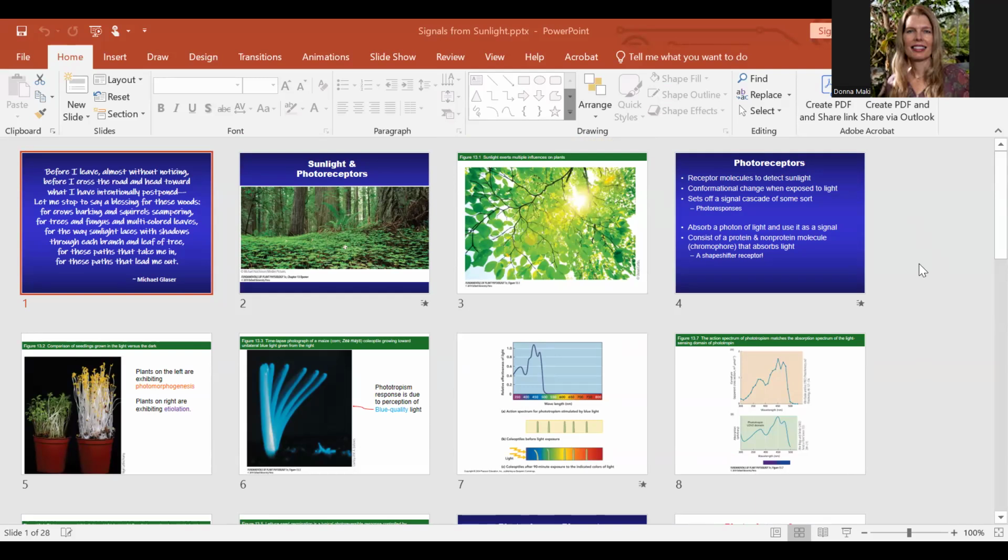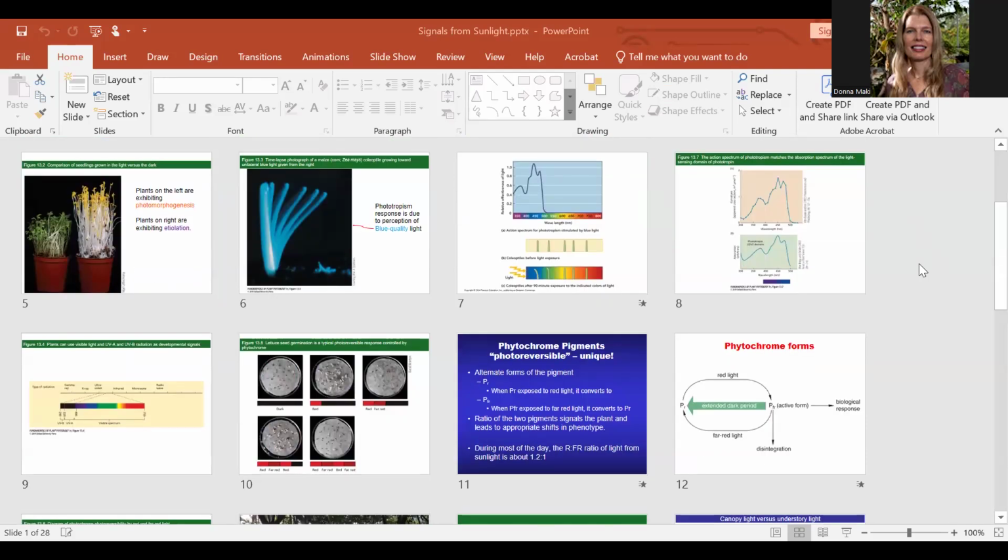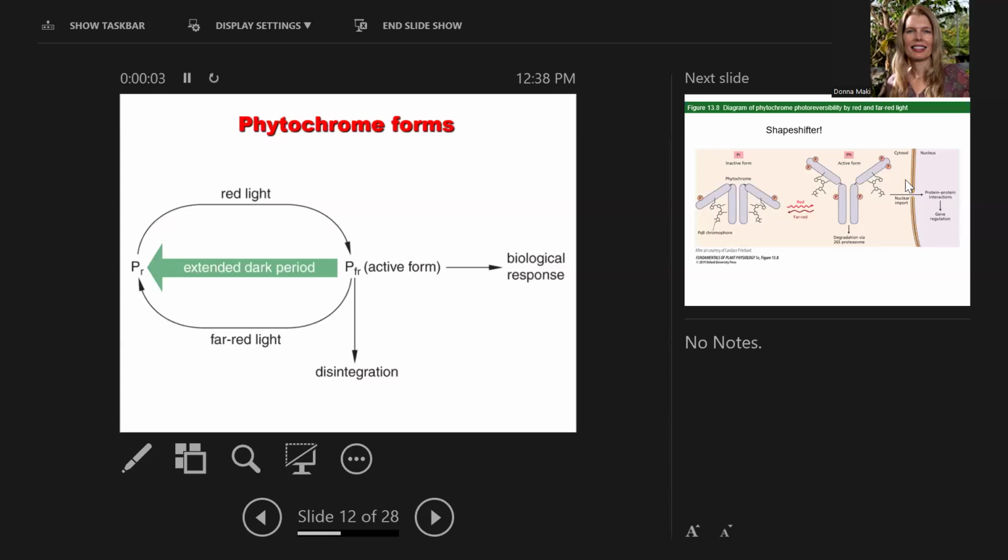So we looked at like phototropism ideas. So phytochrome, that one's historically a tough concept. The P stands for the phytochrome pigment, and then the subscripts are for what quality of light, red or far red.